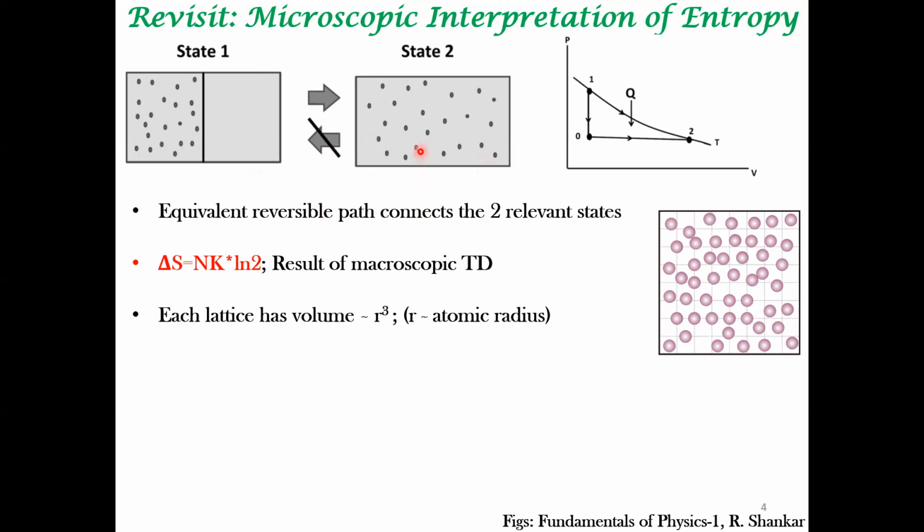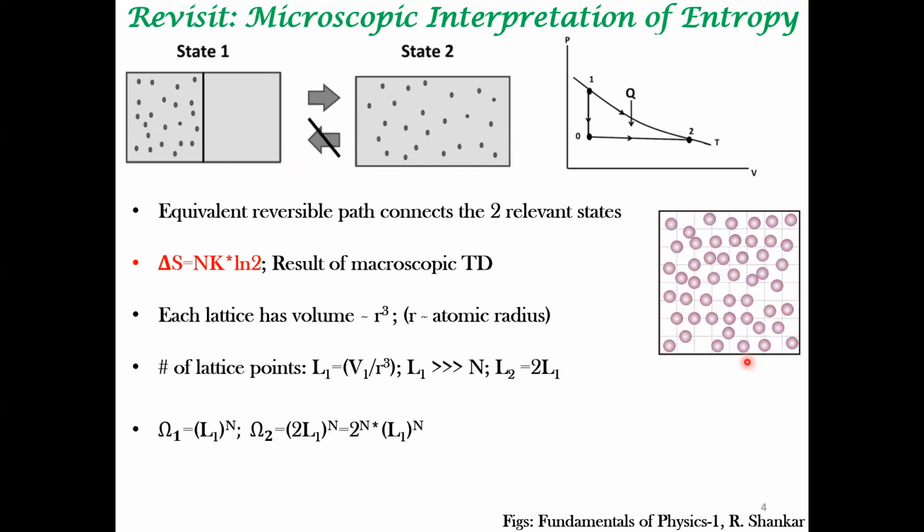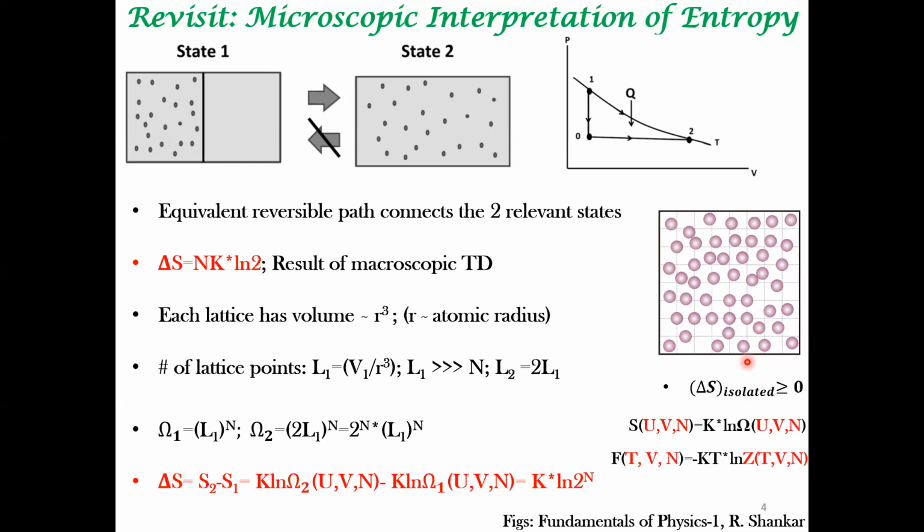We are treating everything as a continuum. But here we are assigning some volume to the atoms, and then we are saying that the atoms are distributed in a particular way. We interpreted entropy in the following manner.